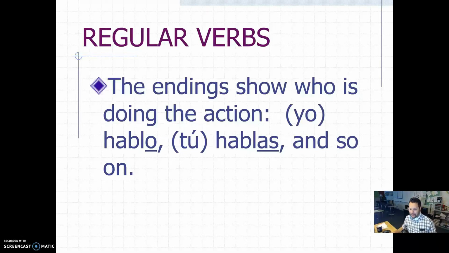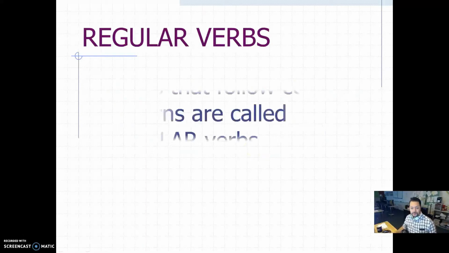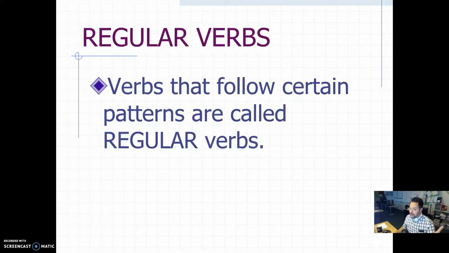Like, for example, for the verb hablar, you take out the AR, and then, depending on who's talking, it's hablo for yo, tú hablas, for you, and so on and so forth. So those are called regular verbs because there's a strict formula that they follow. You take out the last two letters, you put in new letters, case closed, end of story.